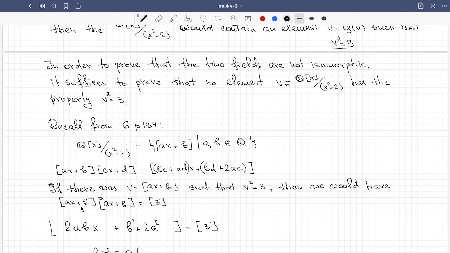We multiply any element of this one, because this is a full description of this field. All elements with distinct ordered pairs a, b are different. We multiply an element by itself, and this equation is satisfied: the square of this and 3.